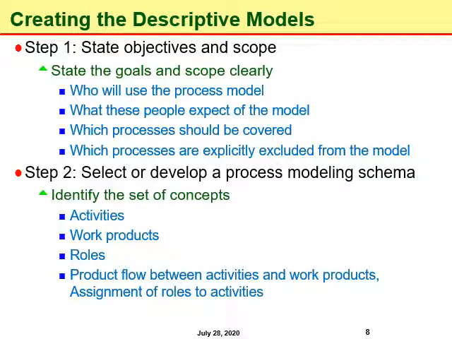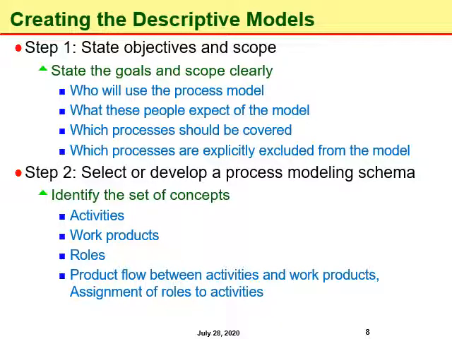Then the second step of descriptive process modeling consists of identifying the set of concepts that will be used to describe the processes. So the basic concepts that are important for describing processes in the organization include, for example, activities to be performed, work products, roles, similarly, product flows between activities and work products.